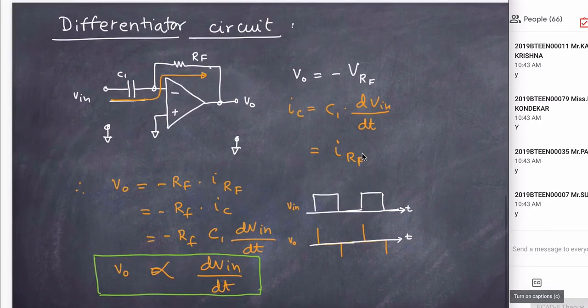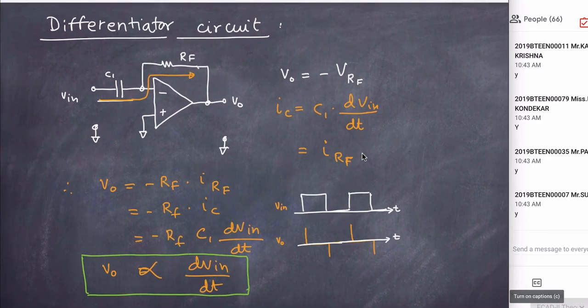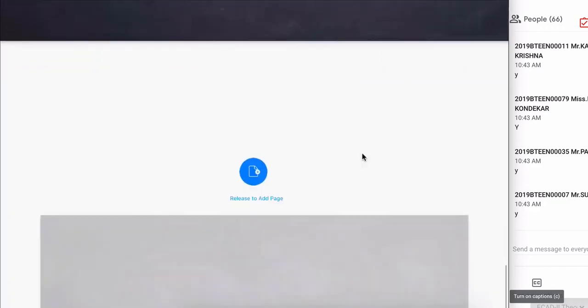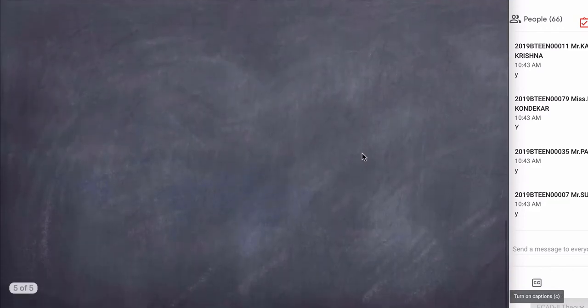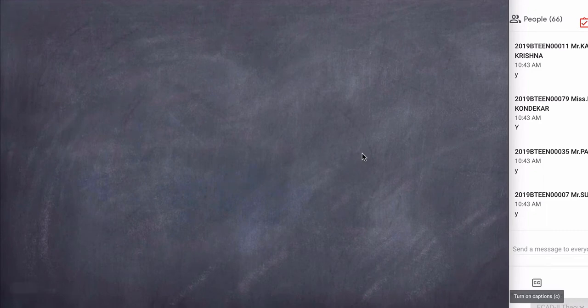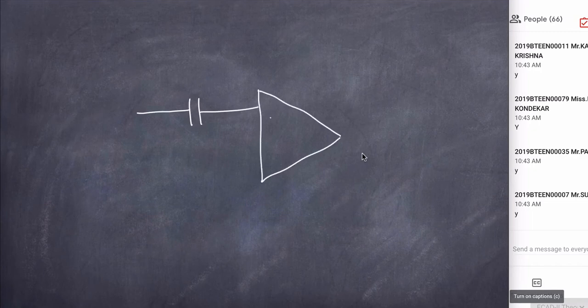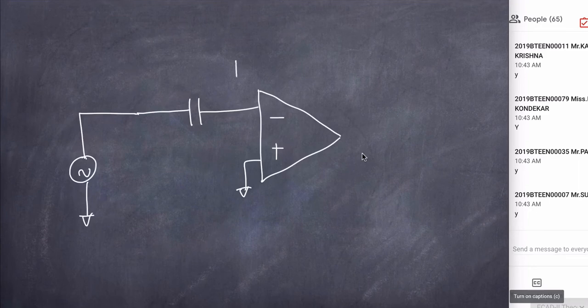Now there is also a small problem in case of a differentiator circuit. The problem can be easily understood by looking at the circuit and thinking of the source of the signal. For example, suppose you have the circuit which has a capacitor, and then there is a source of signal.